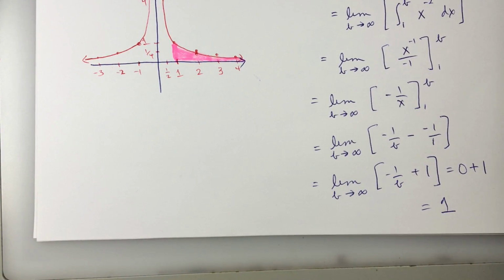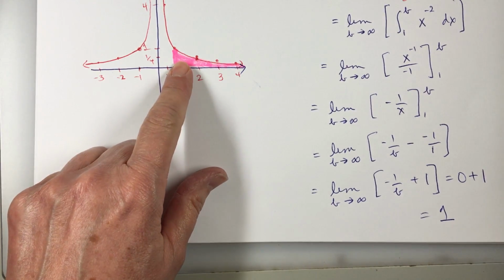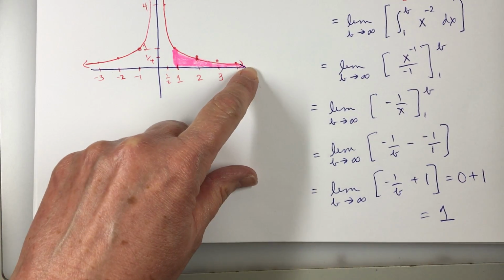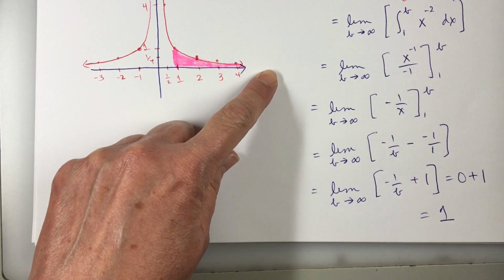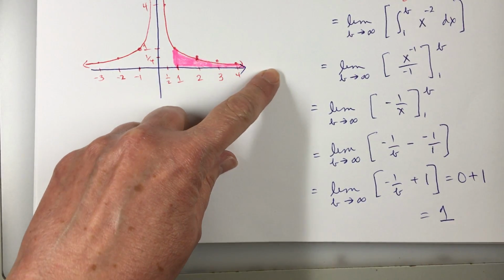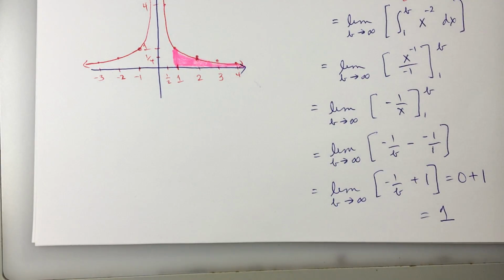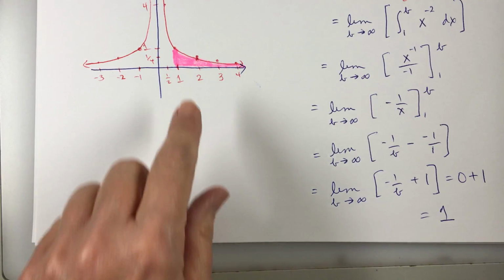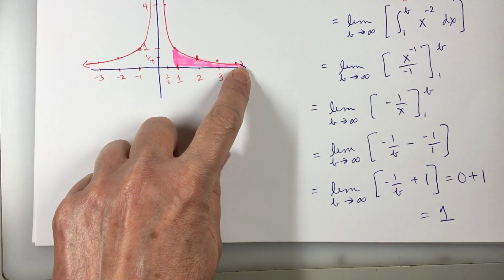So I hope if this is the first time you see this, that you find this result kind of surprising. That here is a region that goes on forever, an infinite region with a finite area. The area of all of this is 1 square unit.